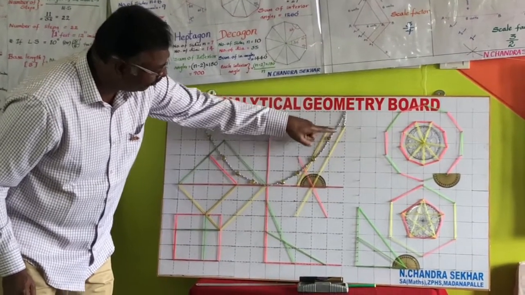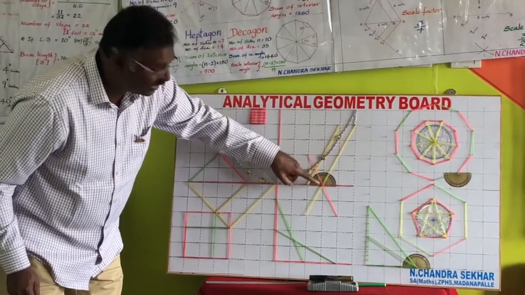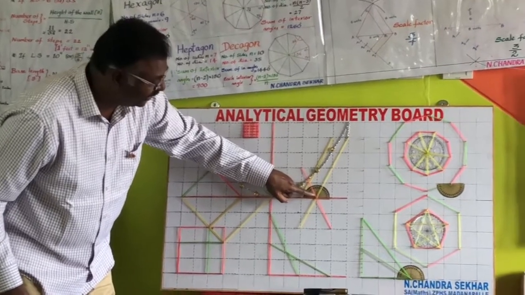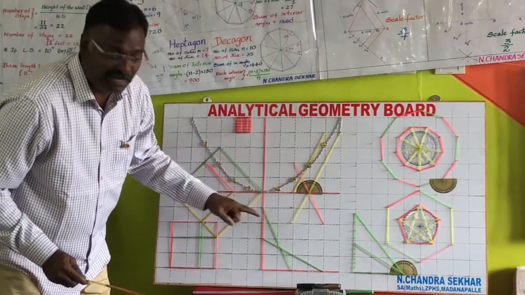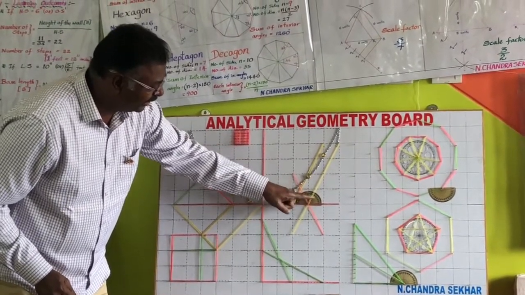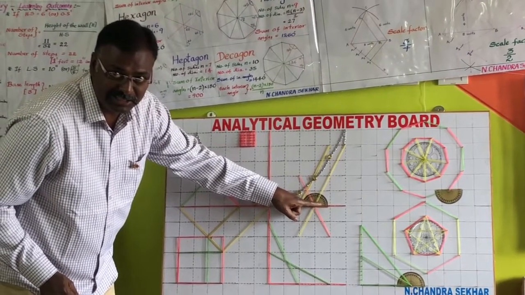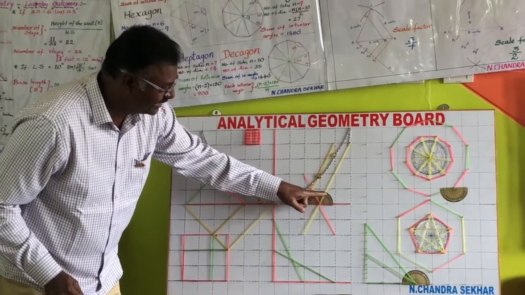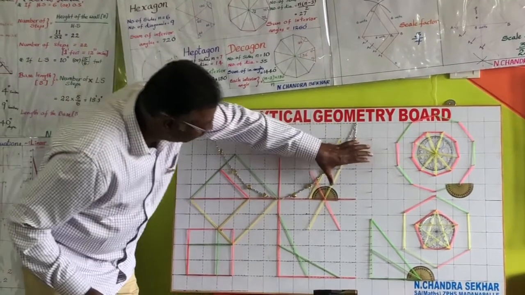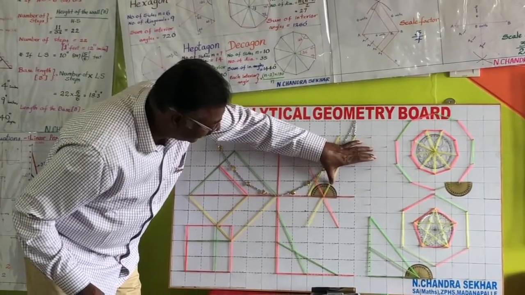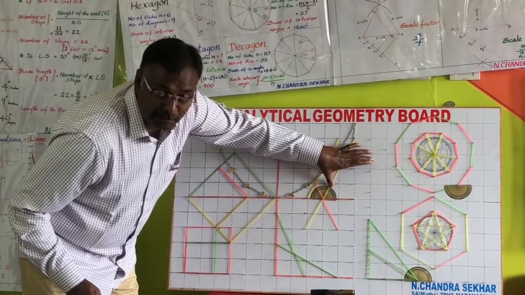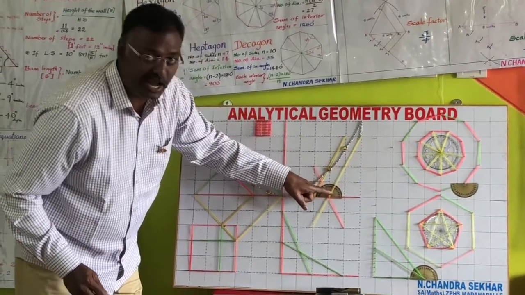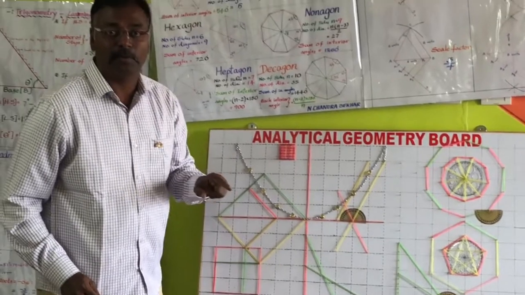I want to find the slope of this line, where this line in the anti-clockwise direction intersects the x-axis and forms an angle. I find the value of the slope angle like this and apply tan theta to that angle. It gives the value of the slope.